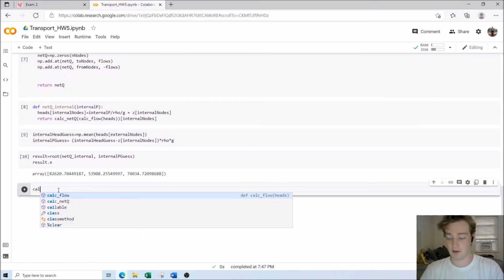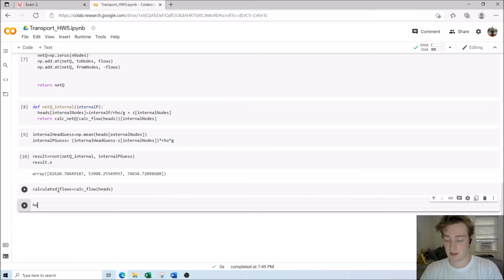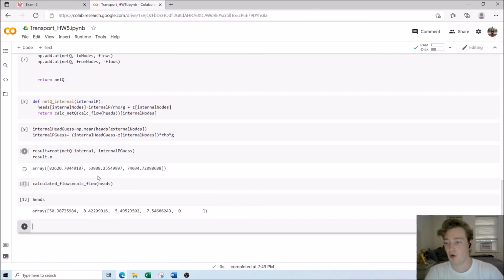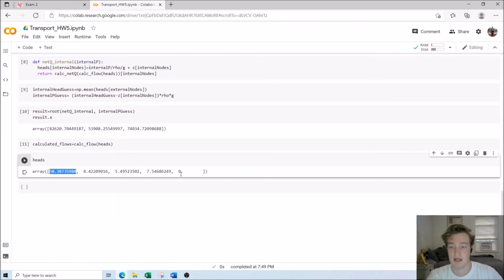So calculated flows, let's say calculated flows. We'll say that's equal to calc flow of what? Well, we already just calculated all the heads, right? Heads. So actually, let's take a look at what that looks like. So heads, beforehand, we had seen that we already calculated the heads for node 0 and node 4, right?